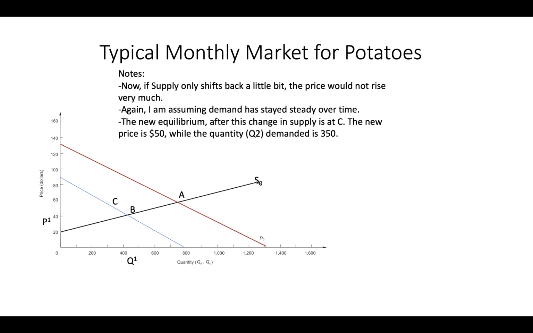Now, this is another example. It's the same example, but another case, maybe not that many farmers react and they don't really decrease their amount grown. So in that case, the supply curve would not shift back as far. So you see in this case, our new price and quantity is around 50 and the quantity is 350.